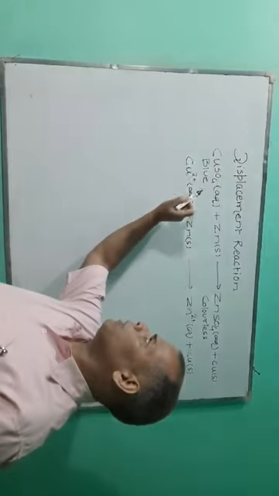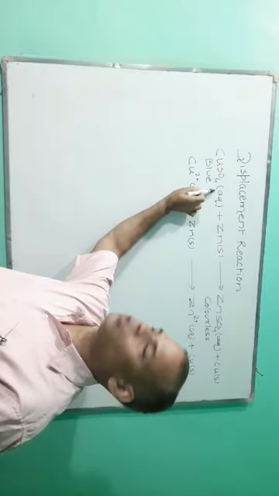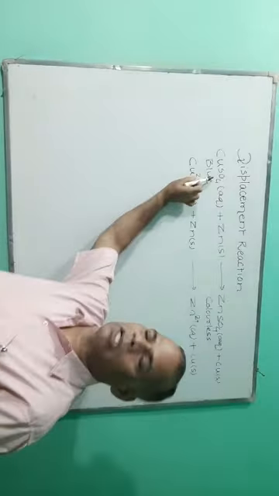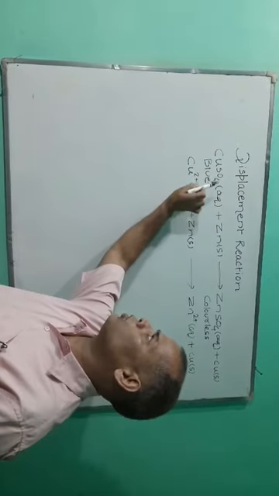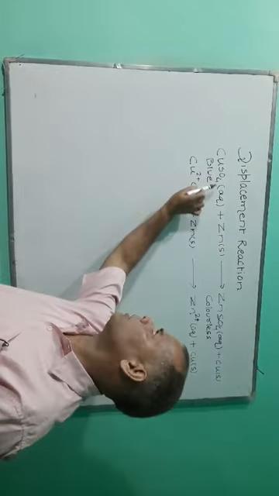For example, take an aqueous solution of copper sulfate, which is blue in color.